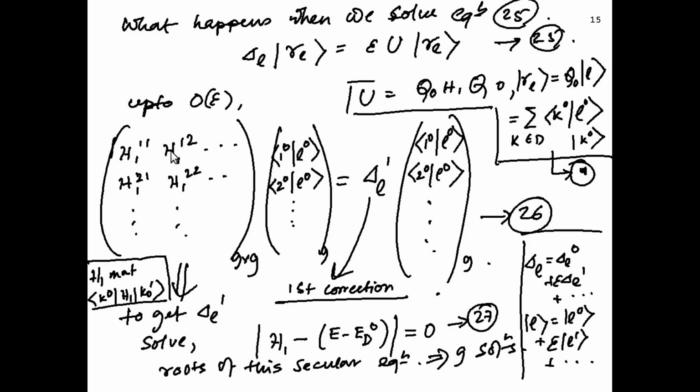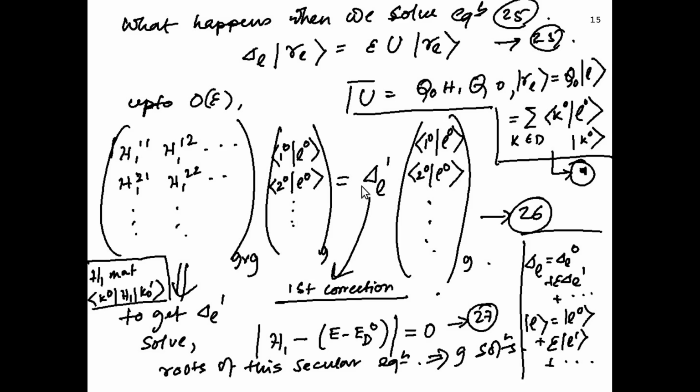So at order epsilon, the equation will be equation 26, where U is the matrix written in this form, where these terms H11 and H12 imply k naught H1 k naught prime, which are the degenerate subspace eigenvectors.